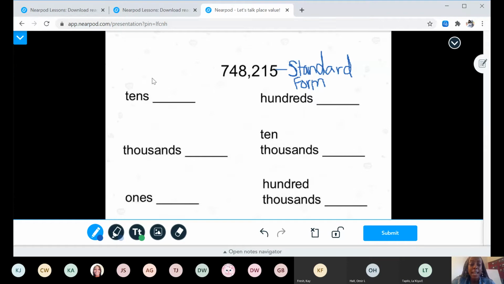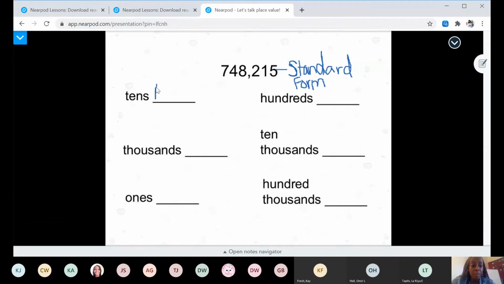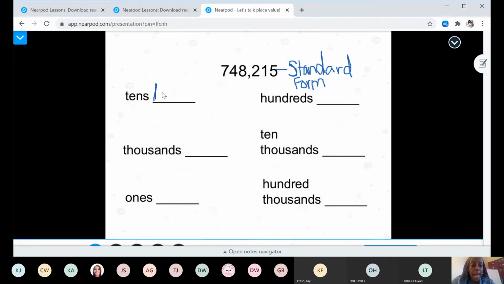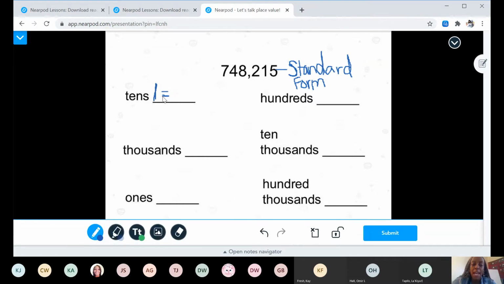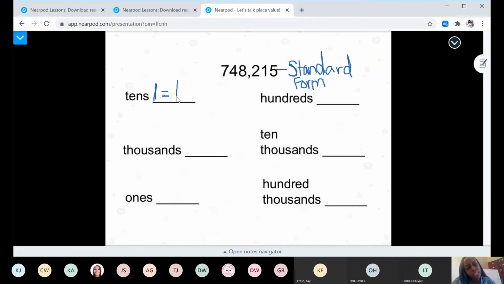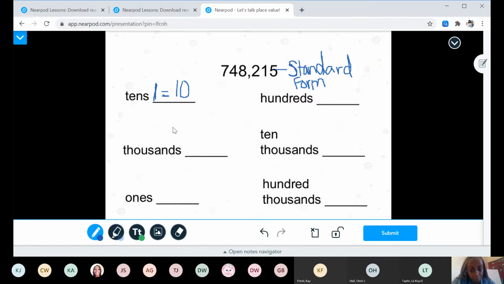I see a 1 in the tens place, so I'm going to write my 1. Now I want to know the value. If a 1 is in the tens place, that means 1 is really worth 10.